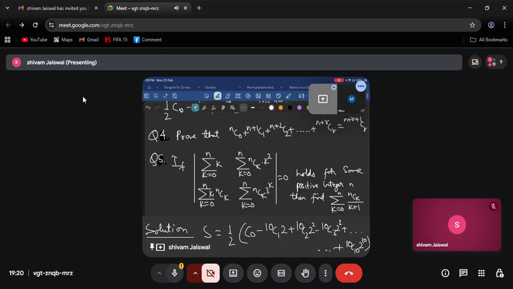Quickly solve number 4. Number 4 is very easy.